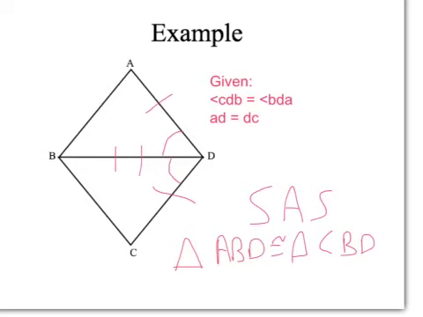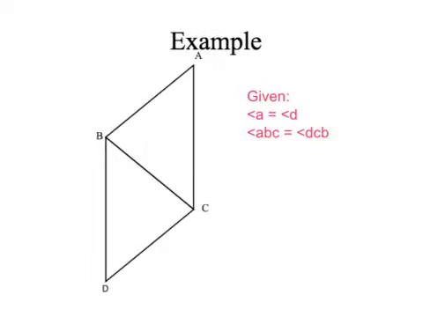by side-angle-side. For example 2, it gives us that angle A is equal to angle D. So I want to put a mark on angle A and angle D. And it tells us that angle ABC is congruent to angle DCB. So angle ABC, if I follow it, would be the angle right here.